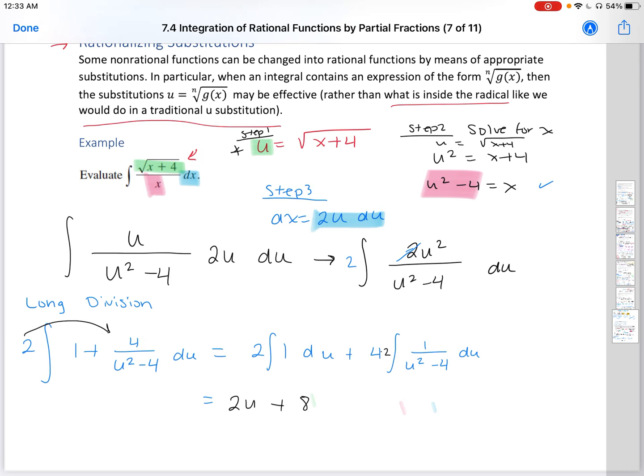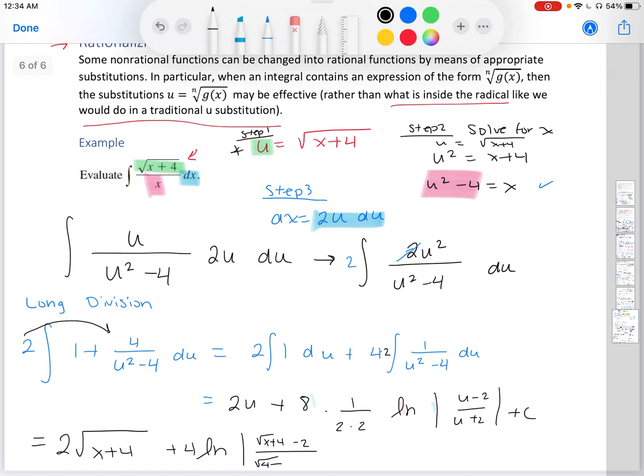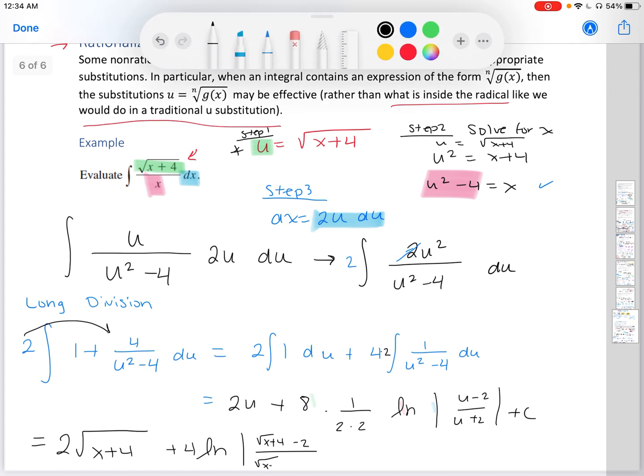So we have plus 8 times 1 over 2 times 2, ln of absolute value u minus 2 over u plus 2, plus c. So our final answer is, we have to replace those u's. We have 2 square root of x plus 4 plus 2 ln of the square root of x plus 4 minus 2 over square root of x plus 4 plus 2, plus c.